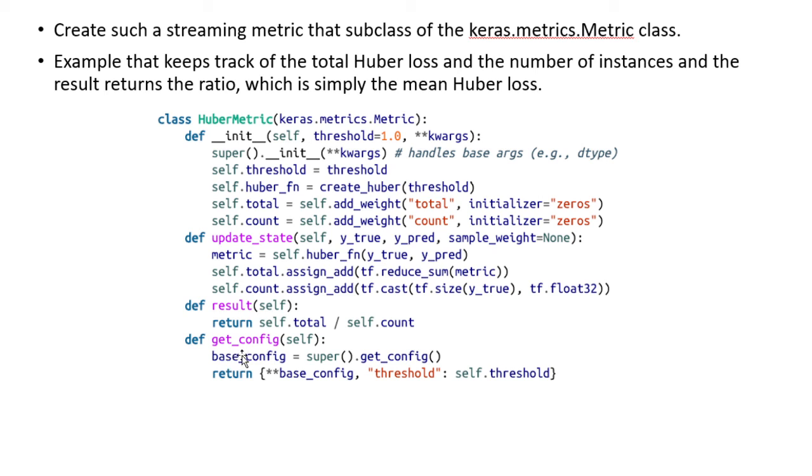And the last method, getConfig, is basically used to make sure that the threshold is saved along with the model. The reset state method is not used here. We can even define a method to reset all the variables used as part of this class.